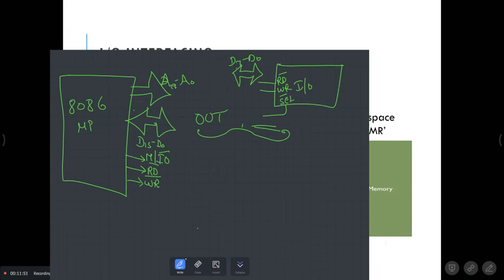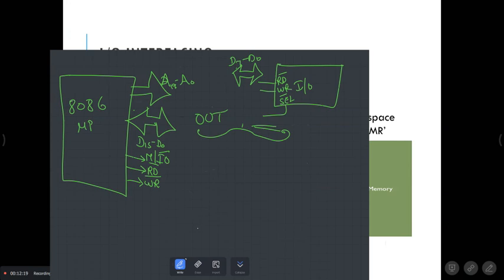So, what is the syntax of the out instruction? Do you remember it? You have done the programming, right? Out DX, AL. What is the DX? What is the AL?